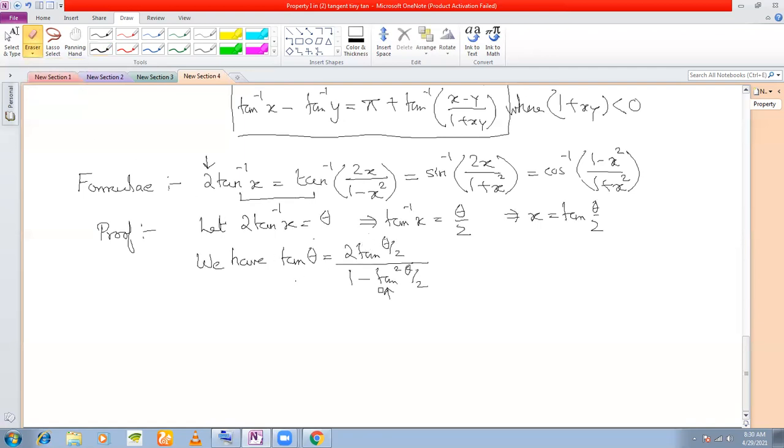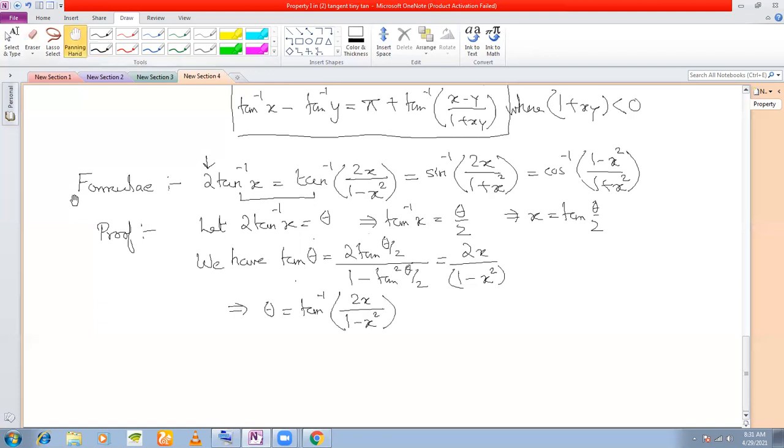So I'll just put the value here now: 2x by 1 minus x square. So that means tan theta we get this. So what is theta here? Theta is equal to tan inverse 2x by 1 minus x square.